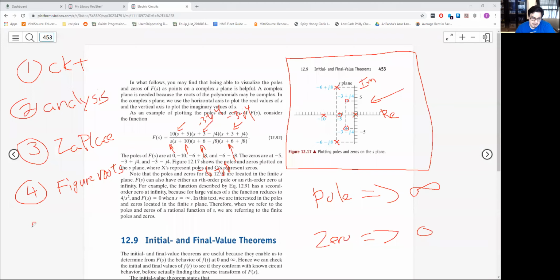And from there, step five, you can find poles and zeros. Note that this is before doing any inverse Laplace transforms, because honest to God, a lot of times in engineering, once you get to this point, you're done. This gives you enough information to know how the circuit behaves.